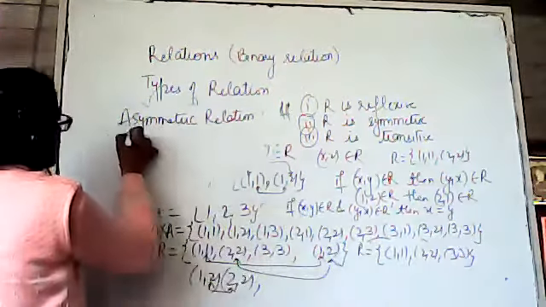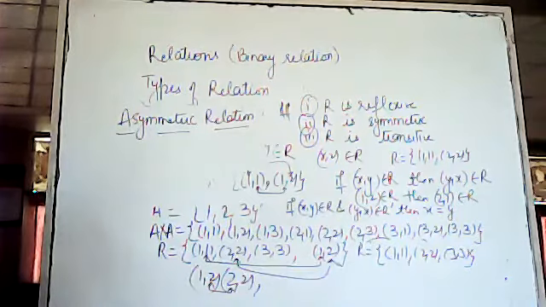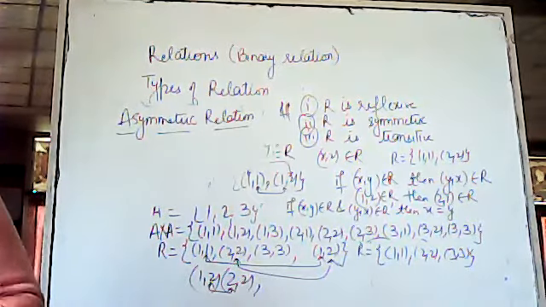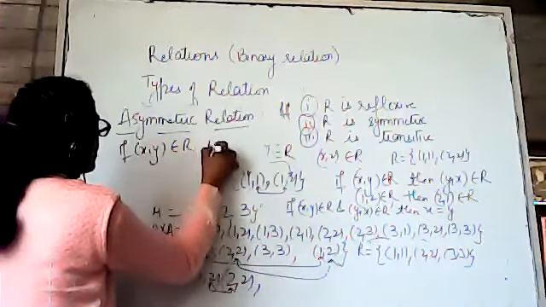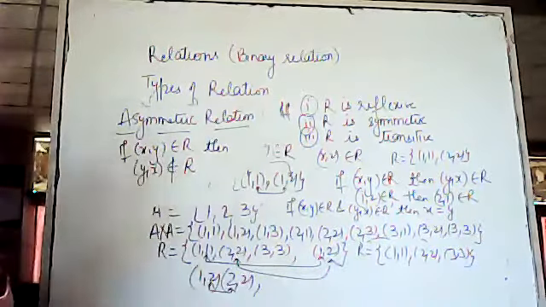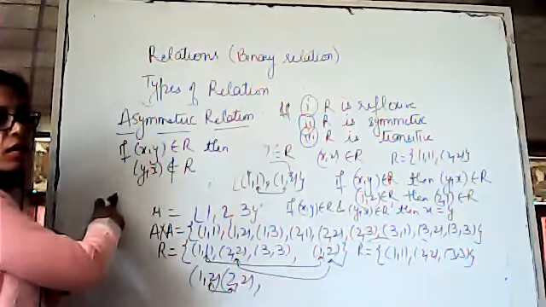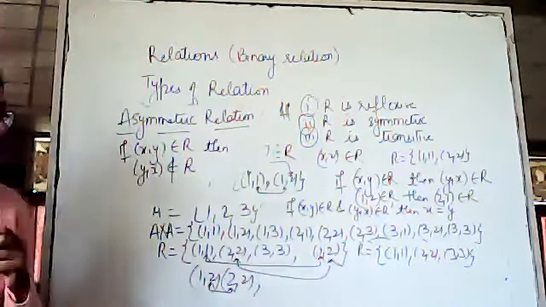Next is asymmetric relation. A relation on set A is said to be asymmetric if ordered pair xy belongs to relation R, then ordered pair yx must not belong to relation R. For example, let this be the set, this be the cross product, then relation R. What will be the relation R?